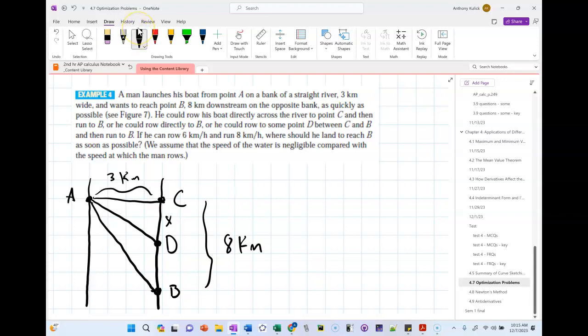Okay. All right. So what quantity are we looking to minimize here? Not distance, time, right? We want to get there as soon as possible.